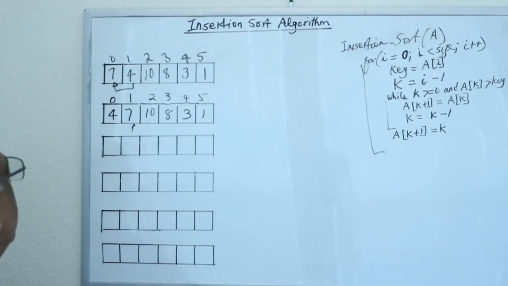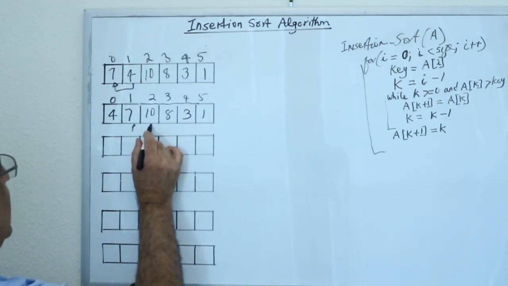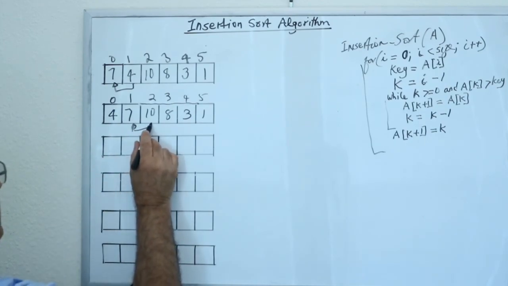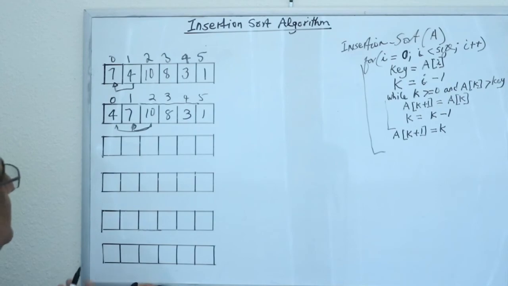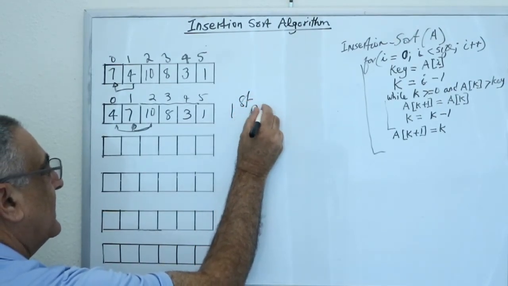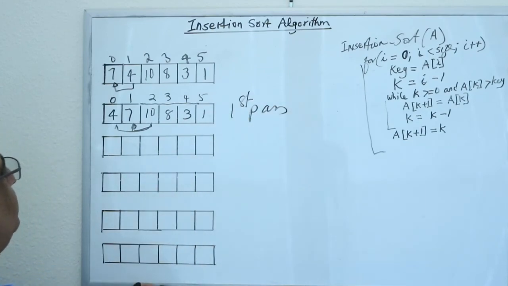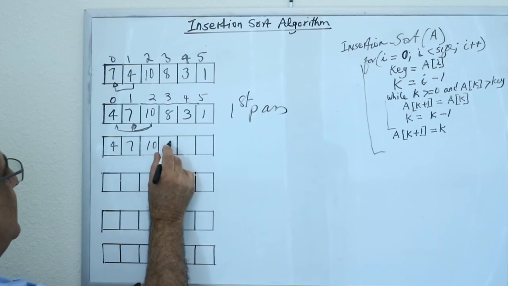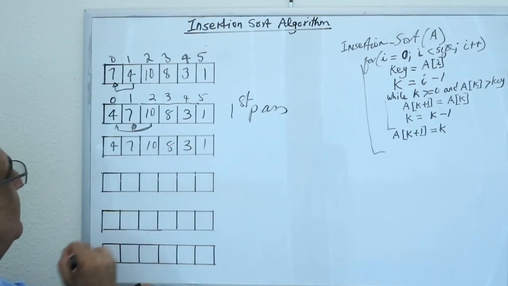Next thing to do, check, is 10 less than 7? It's not. Is 10 less than 4? It's not. So it stays as it is. So remember, this was my first pass. Now I have 4, 7, 10, 8, 3, 1.